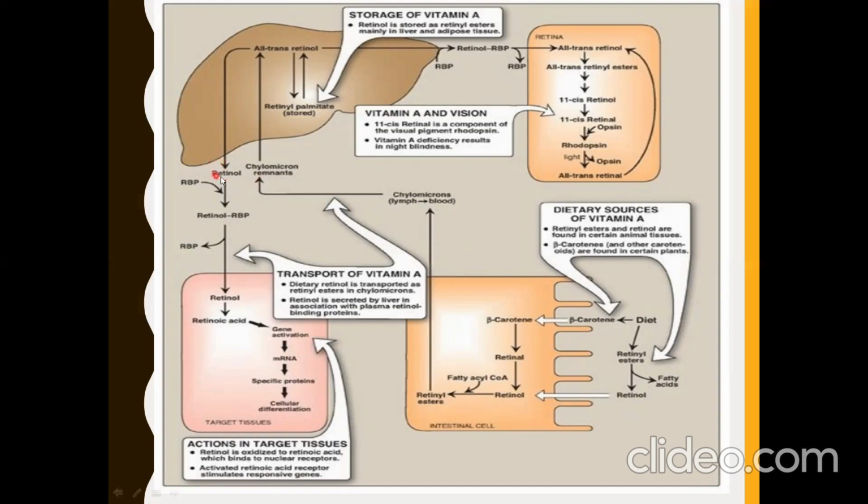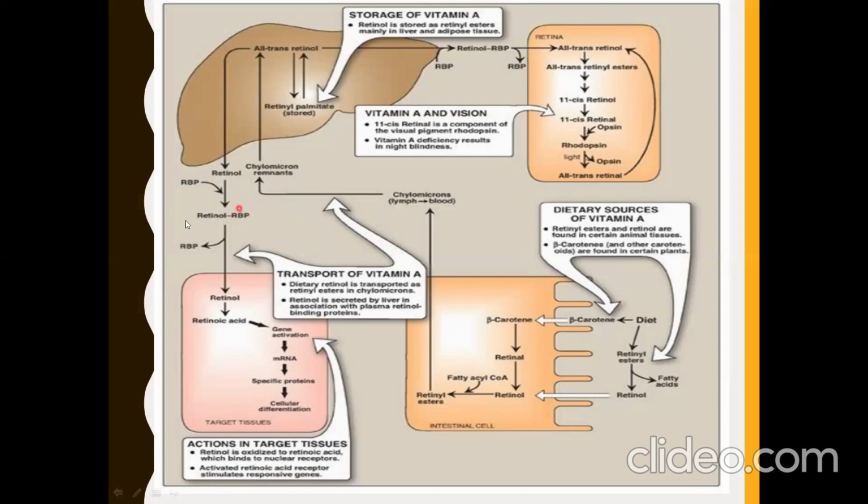This retinol is transported in the circulation by combining with the retinol binding protein. Also, it combines with one more molecule called transthyretin, which is a pre-albumin molecule. So it forms a larger trimolecular lipoglycoprotein complex, and hence this prevents the loss through glomerular filtration.